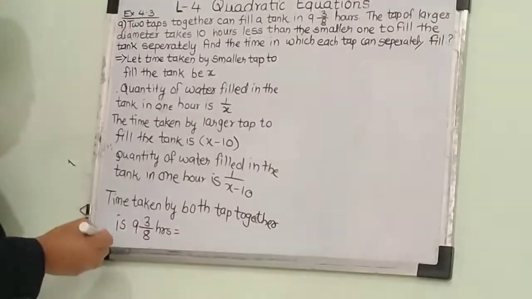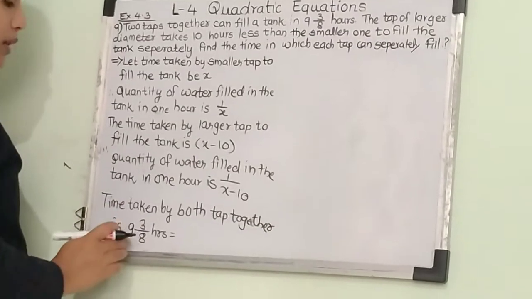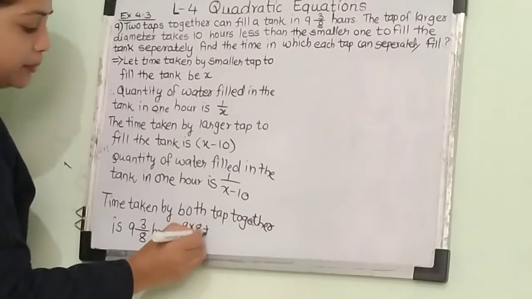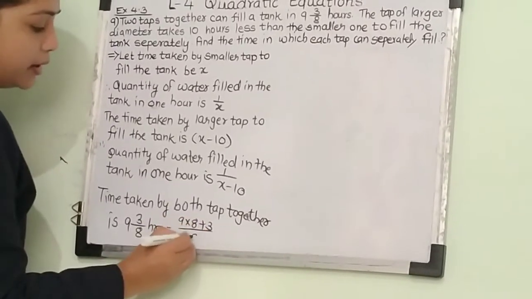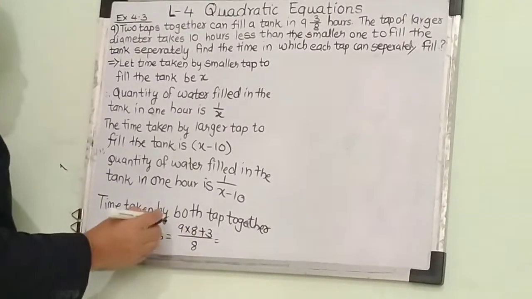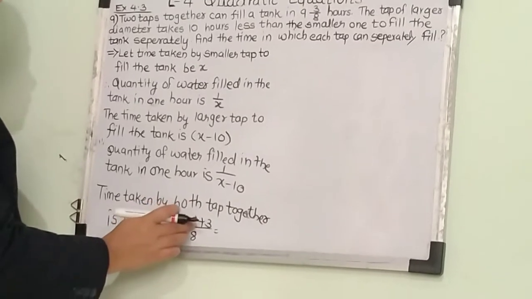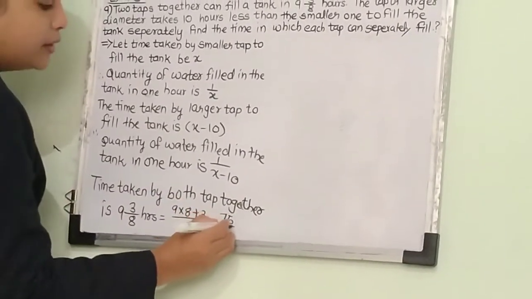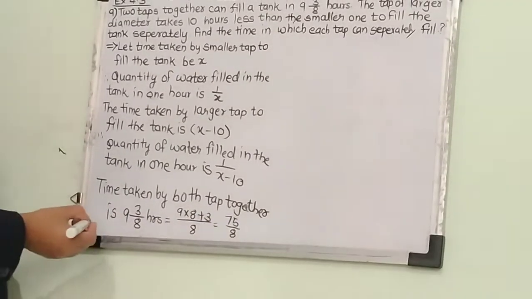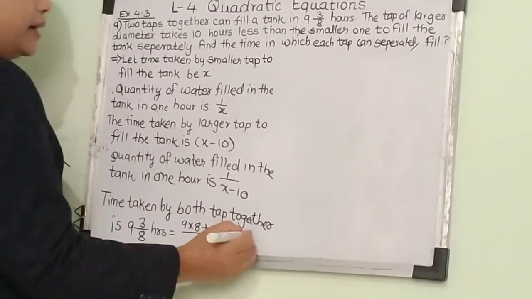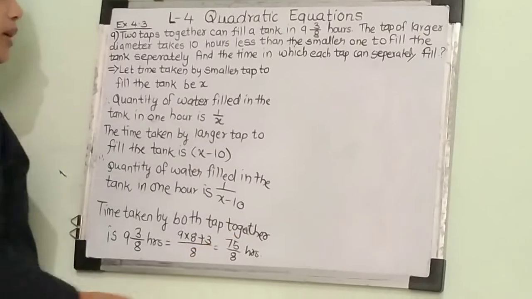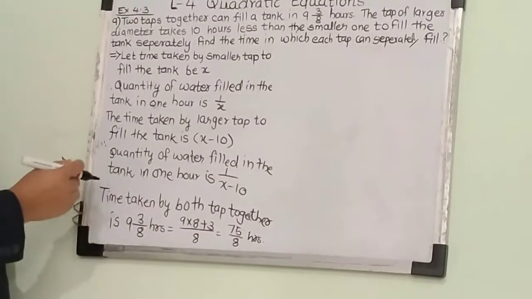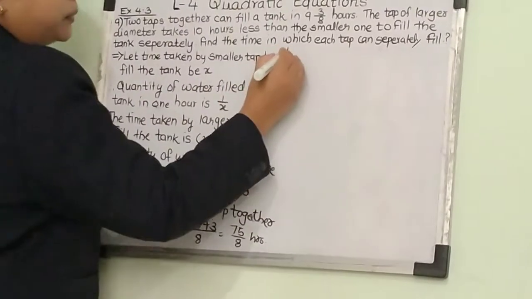It means we can convert this into the improper fraction. So 9 into 8 plus 3 upon 8. So it will come 9 8s are 72 plus 3, that is 75 upon 8. So 75 upon 8 hours will be required for both the taps when they are going to run together.